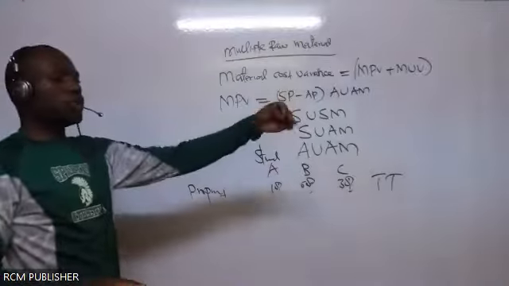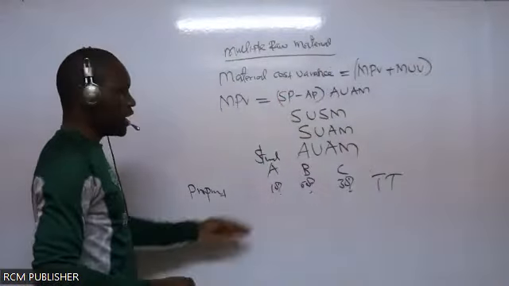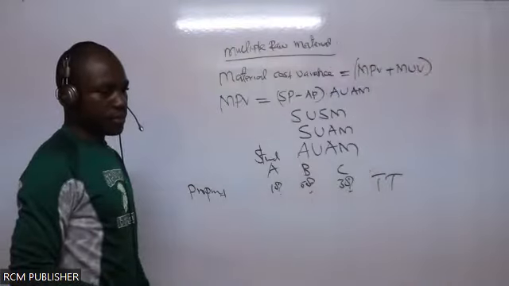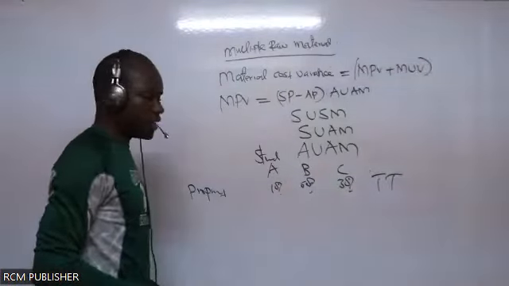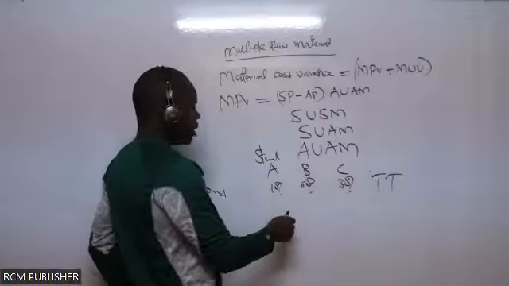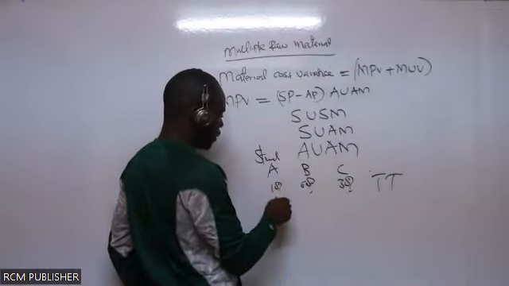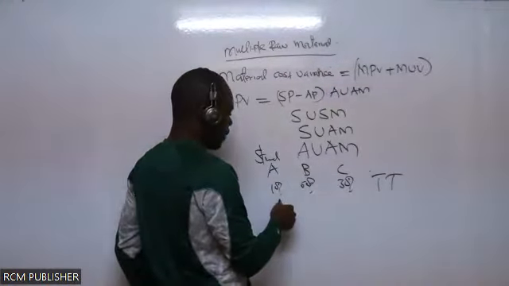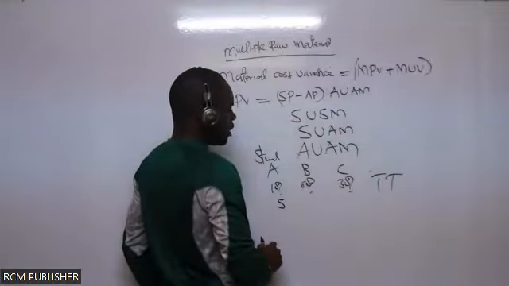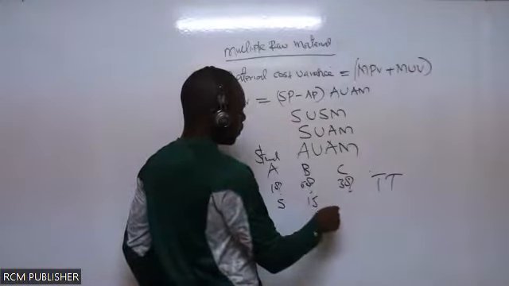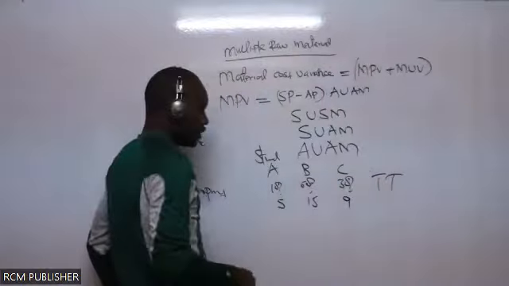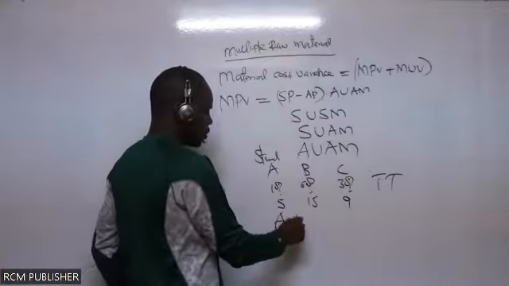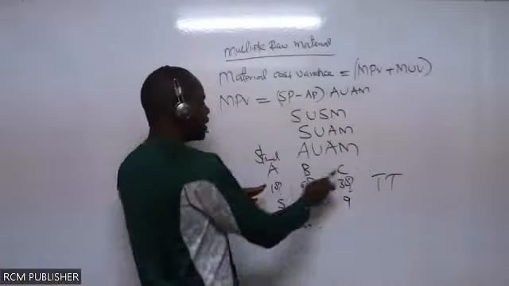If I go now to actual usage, I'm not going to have this. So let's say this is what we have. The 10% represents, let's say, 5. This one represents 15. This one represents 9. That's as per the standard. For actual, these percentages will not apply.